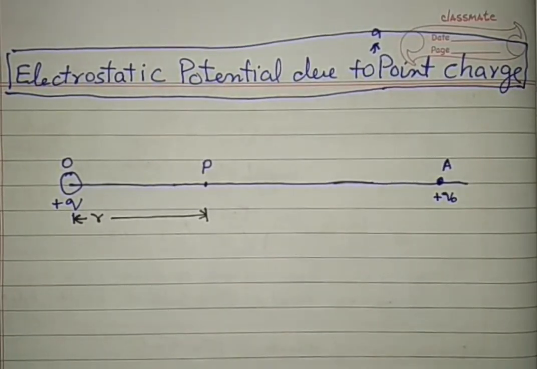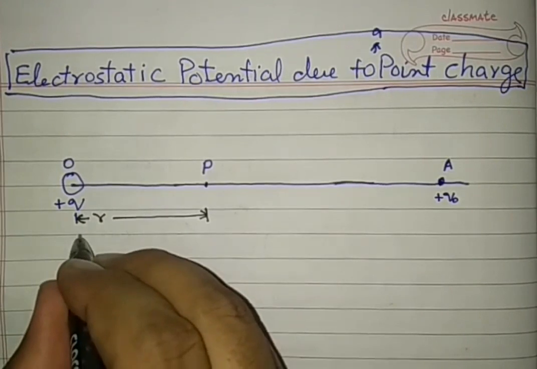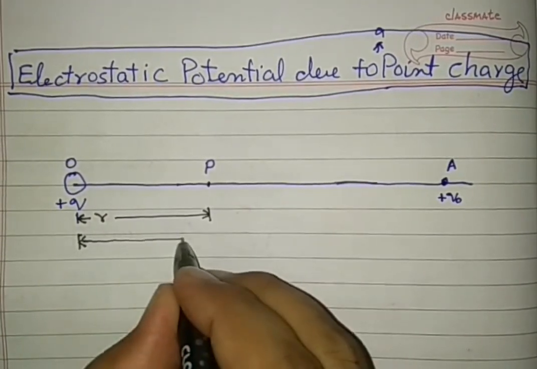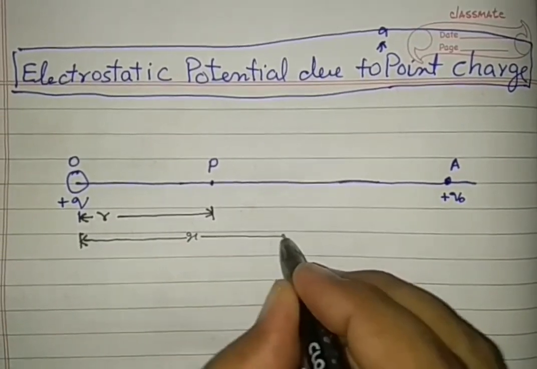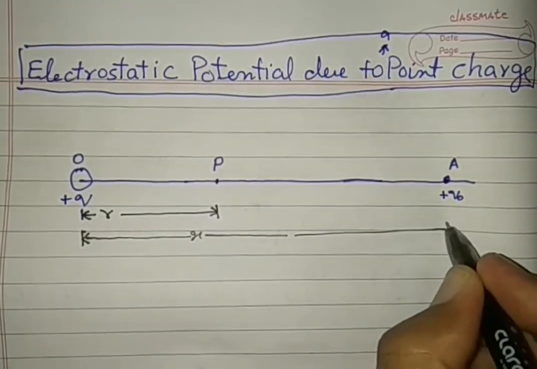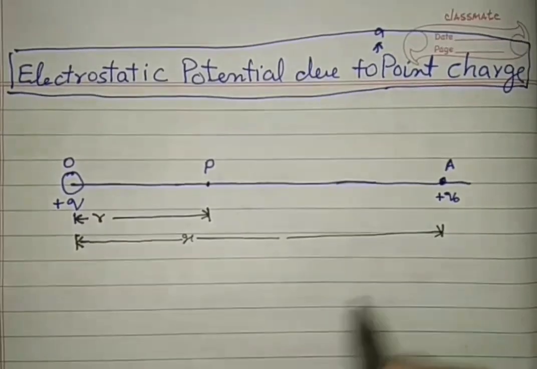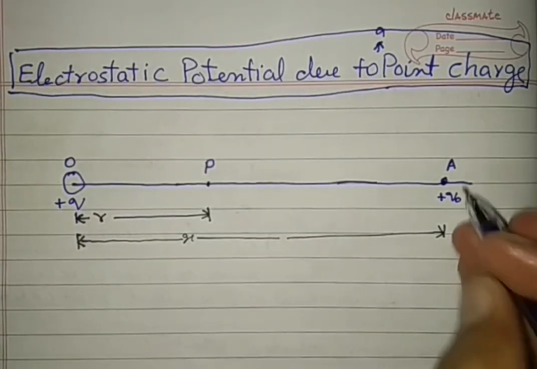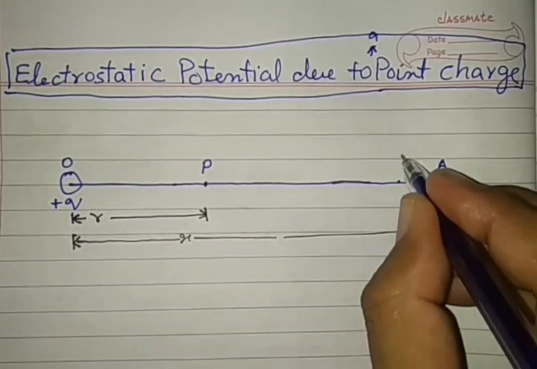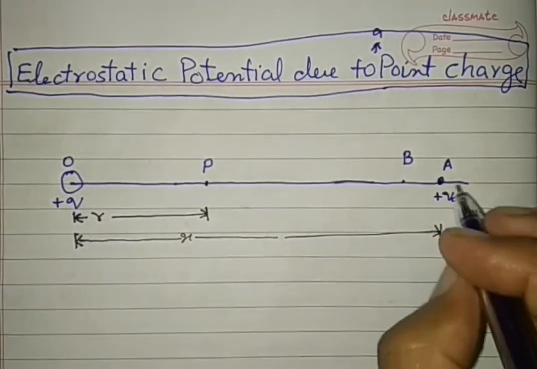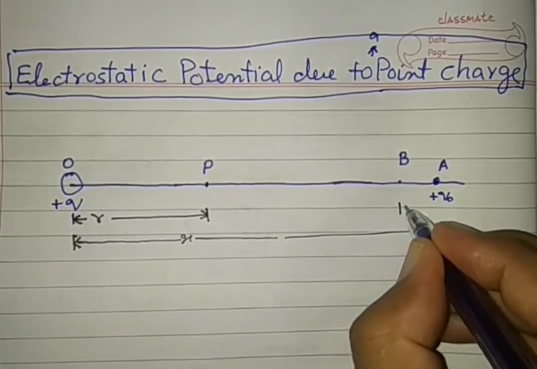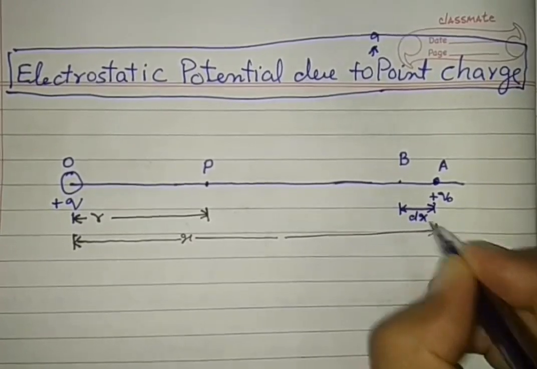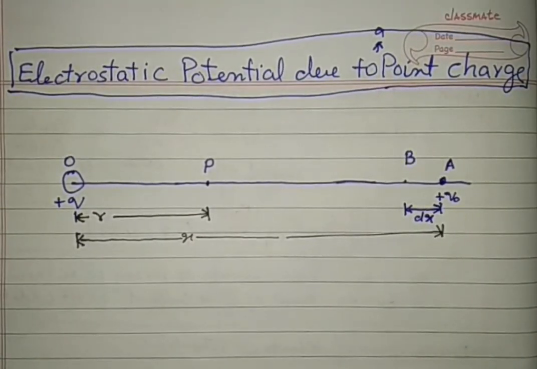Right, this plus test charge is x distance away from the charge at O. Now we are considering another point here, B. The distance between A and B is represented by dx here in this case.